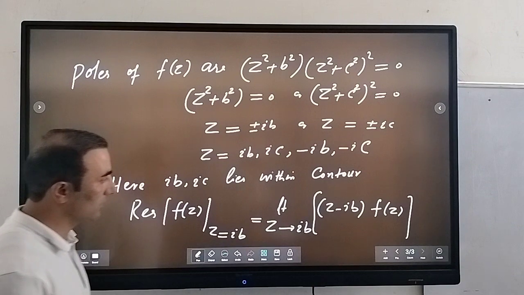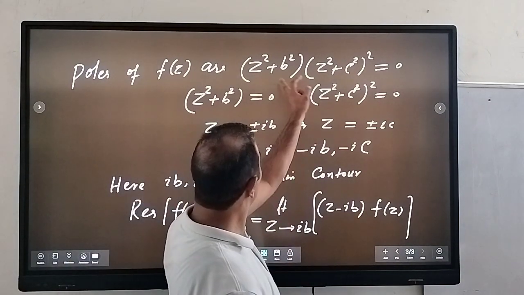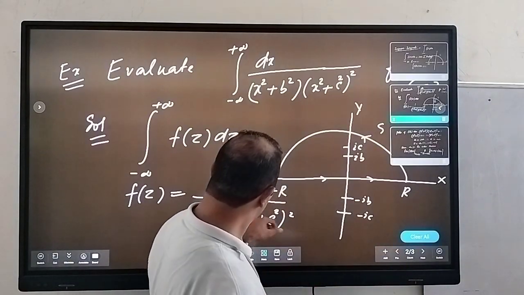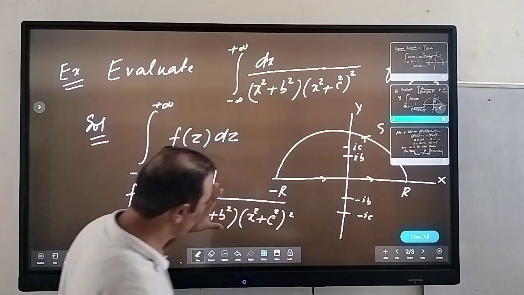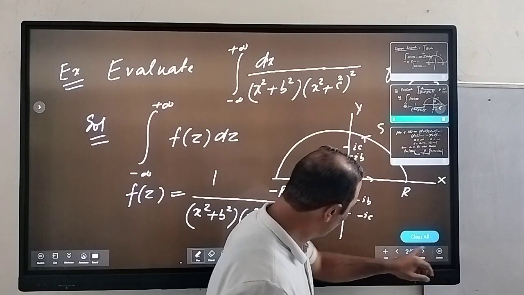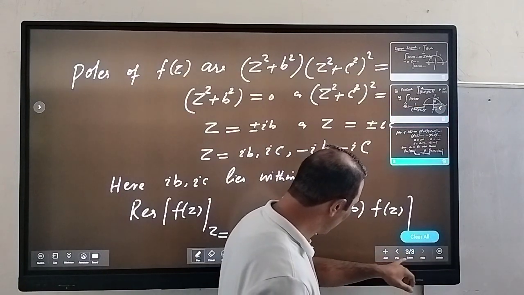Right, so this was the first part, right? Now f of z is basically 1 divided by z square plus b square into this term, right? So we have to substitute this here, so instead of f of z we have to substitute this.